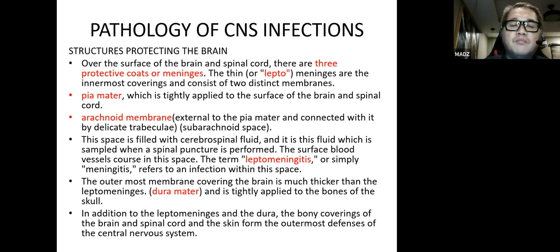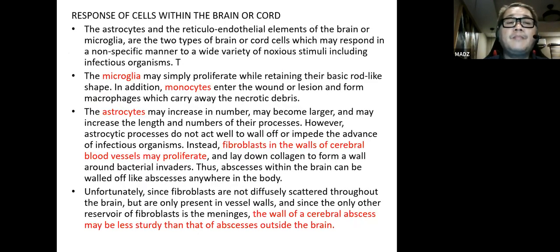The outermost membrane covering the brain is much thicker than the leptomeninges and is called the dura mater, and it is tightly applied to the bones of the skull. In addition to the leptomeninges and the dura, the bone coverings of the brain and the spinal cord and the skin form the outermost defenses of the central nervous system.